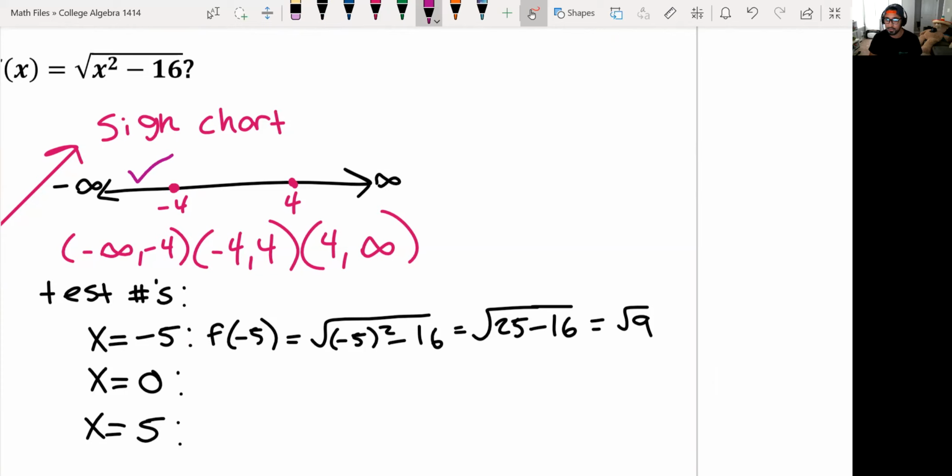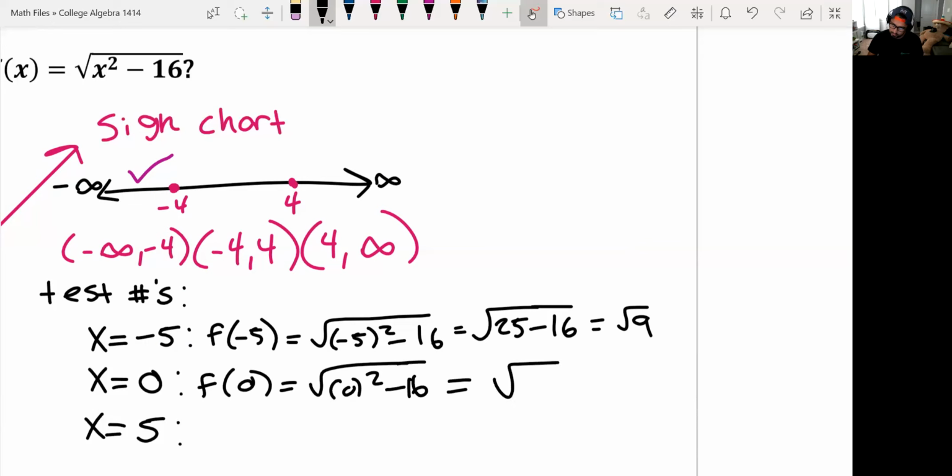Okay. Now let's test 0, and you'll see how this all comes together. f of 0 gives me 0 squared minus 16, which gives me the square root of -16. See it now? Can you take the square root of -16?